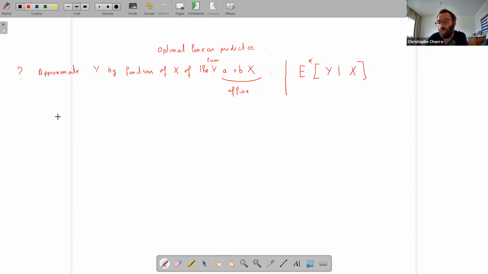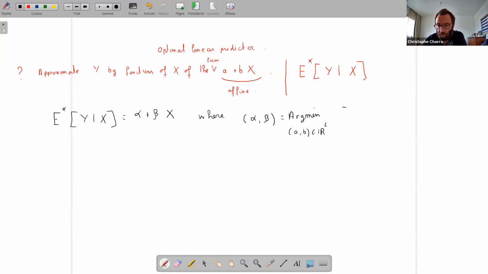Okay, so I have an optimization problem to solve here. I want to find an affine function of X that I will denote by alpha plus beta capital X, where I want alpha and beta to be optimal in the sense that the pair alpha beta is the one that will minimize the same quantity as previously, that is the expectation of the square of y minus a plus bx, since I approximate y by a plus bx.